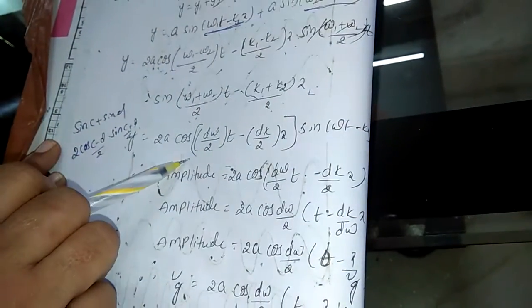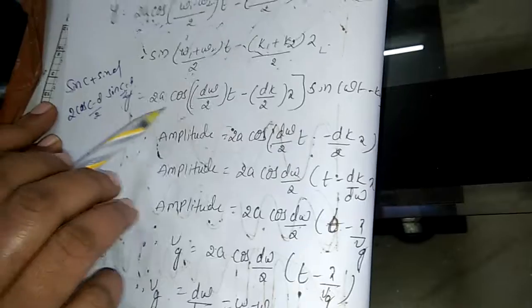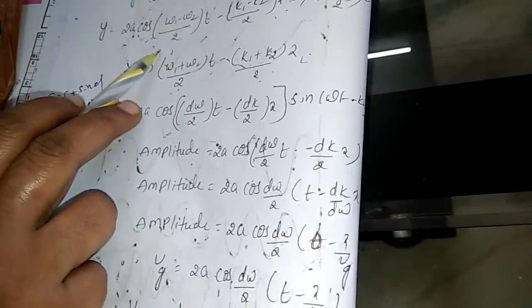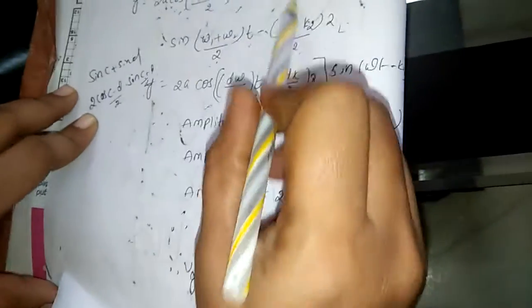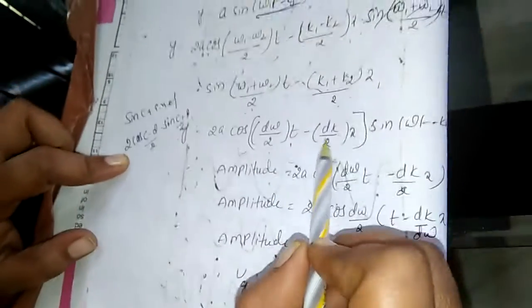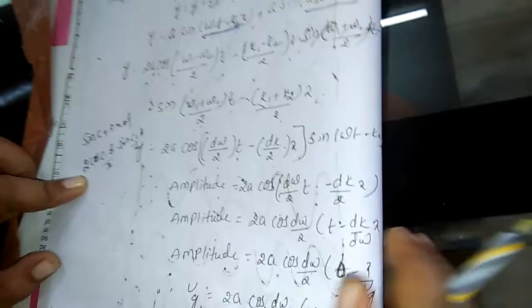After simplifying, we get 2a. Here omega1 minus omega2 is indicated as d omega, so d omega by 2 into t. Next, k1 minus k2 is equal to dk, so dk by 2 into x.